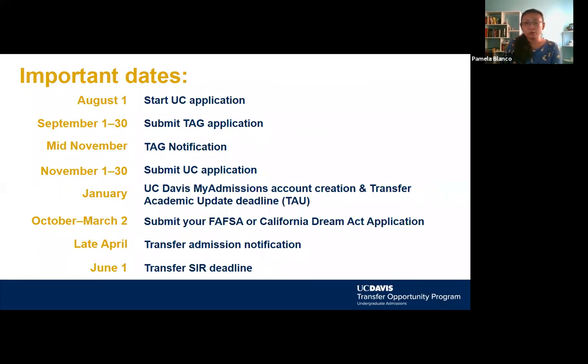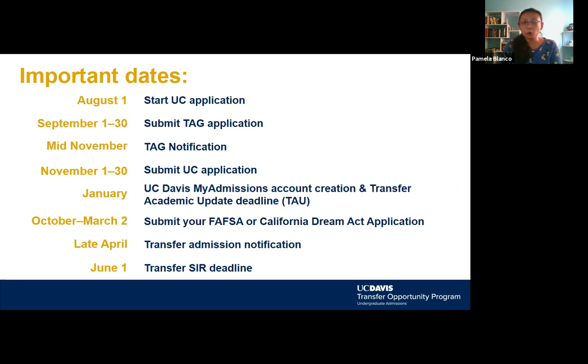All right, so just to make sure that you're on track with things, next fall is going to be busy for you if you're applying for fall 2021. So make sure to mark your calendars right now so you're not missing any important deadlines. Starting in August is when you can start filling out your UC application.